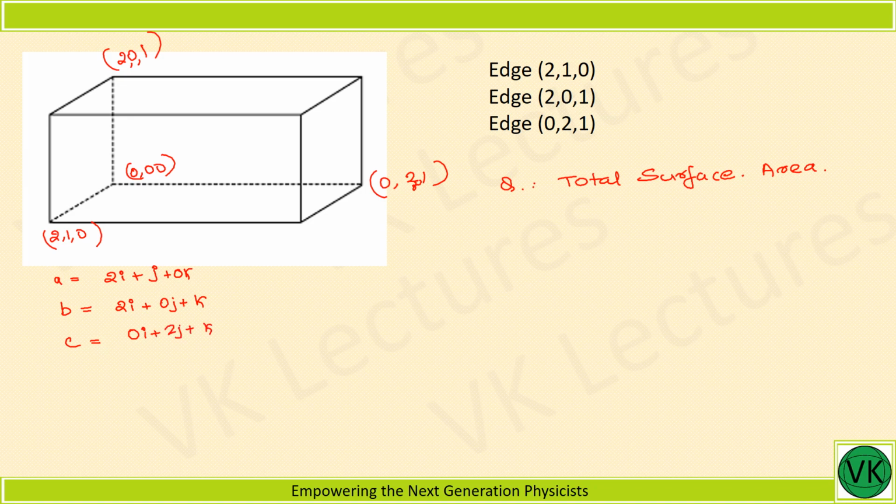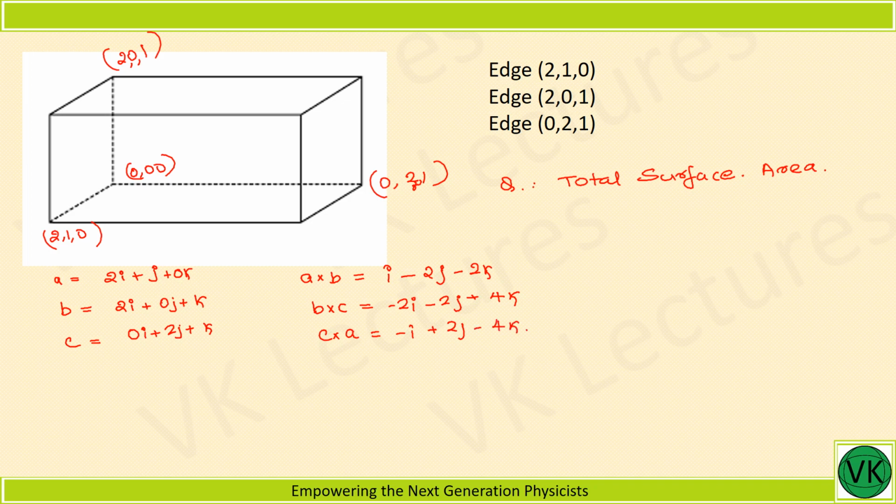Now a cross b is i minus 2j minus 2k, b cross c is minus 2i minus 2j plus 4k, and c cross a is minus i plus 2j minus 4k.